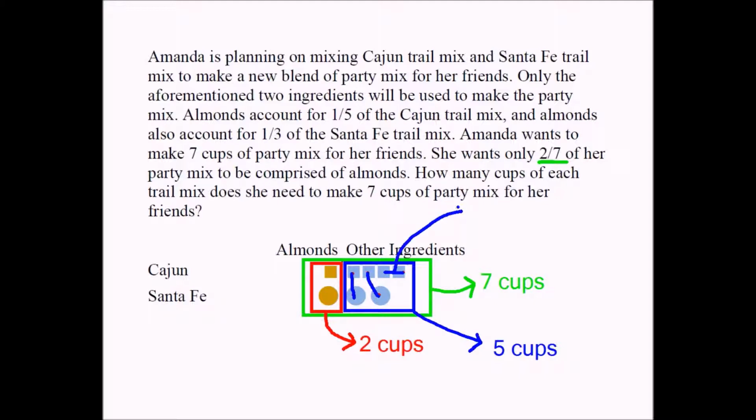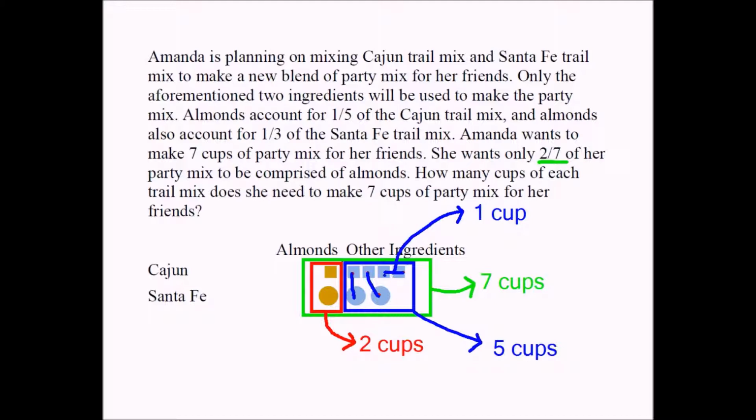And this is where you want to pause and reflect a little bit. So if these two add up to be 2 cups from here, these two also add up to be 2 cups because they're exactly the same quantity. So if these pieces inside the blue rectangle should be 5 cups, these two blue squares have to be 1 cup.